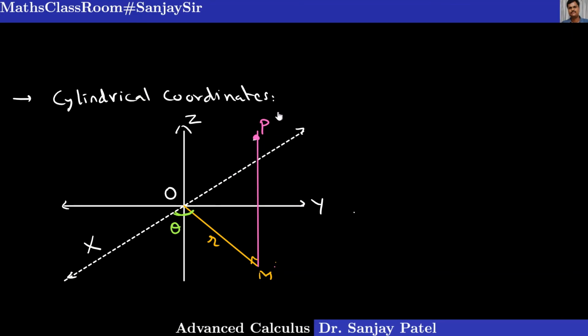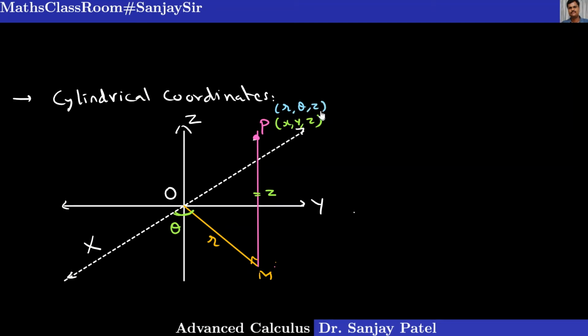If you think in this x, y, z space, suppose the Cartesian coordinates are x, y, z, and this length is z, then these three numbers r, theta, and z are called the cylindrical coordinates.